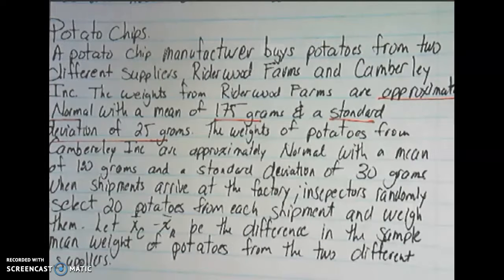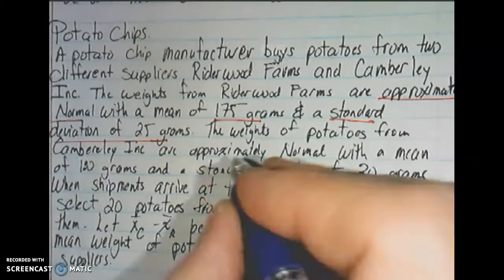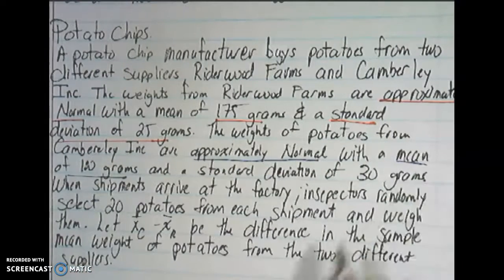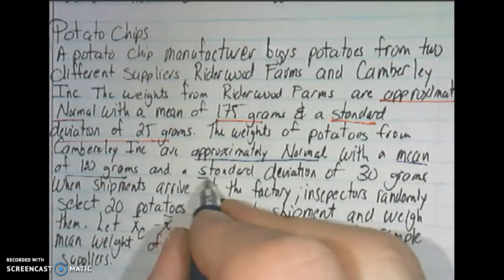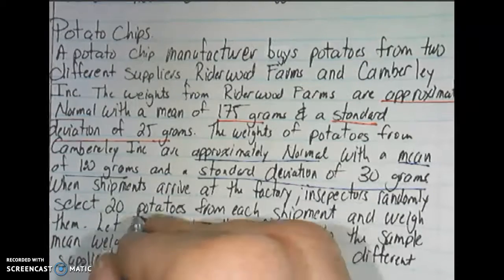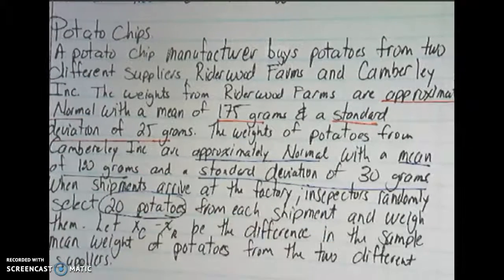The weights of potatoes from Camberley Incorporated are approximately normal, with a mean of 180 grams and a standard deviation of 30 grams. When shipments arrive at the factory, inspectors randomly select 20 potatoes from each shipment and weigh them. Let x bar of c minus x bar of r be the difference in the sample mean weight of potatoes from the two different suppliers.